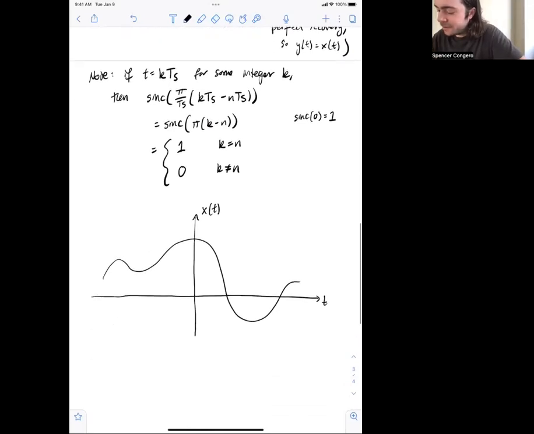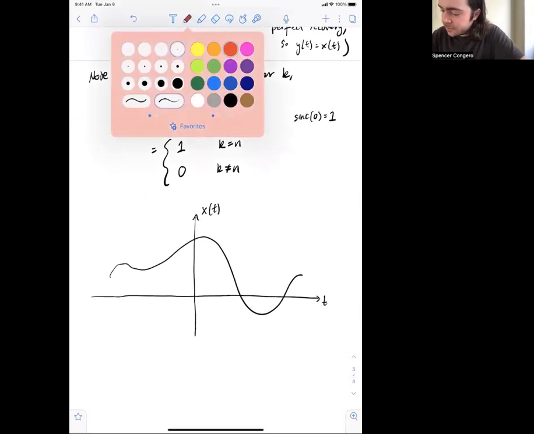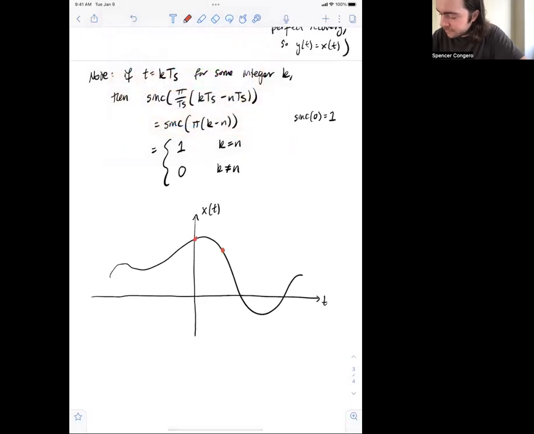So what is this telling me? Well, let me actually change this function to a tab. Let me draw something like that. Let me draw in where all of our sampled points were, in red. Actually, let's do one there. It's going to get a little complicated, so I don't want it to be too messy.